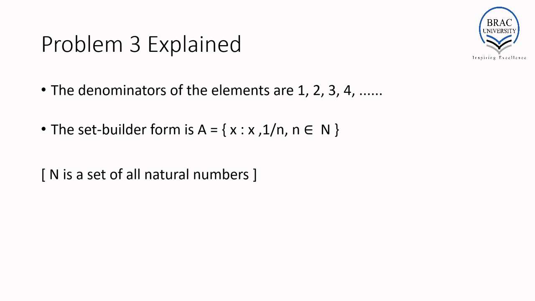In the set builder form, we can say that the set A has element x. x is an element that can be written as 1 by n, where n belongs to N, and capital N means the set of all natural numbers.